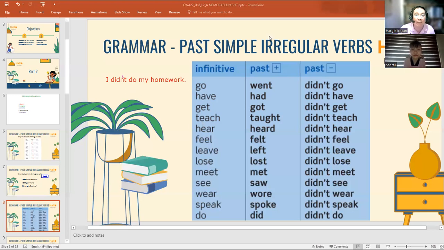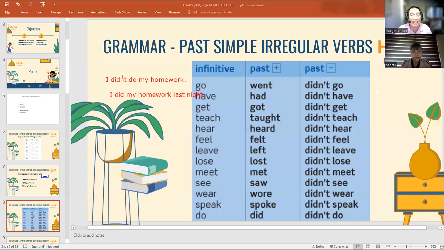But if we say, I did my homework last night, this one is also in the past, but it is a positive statement.